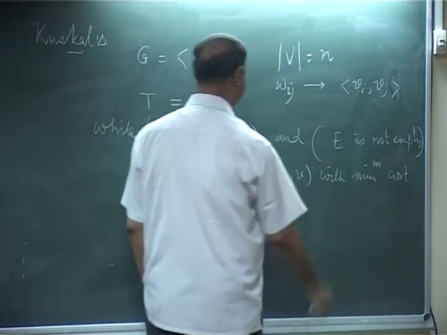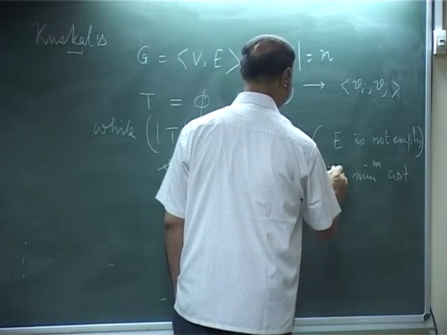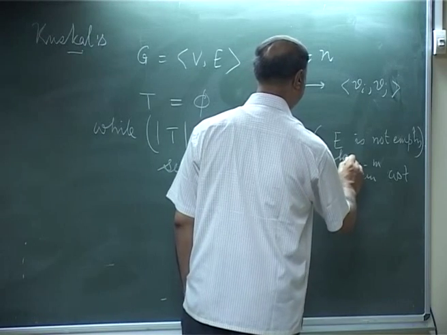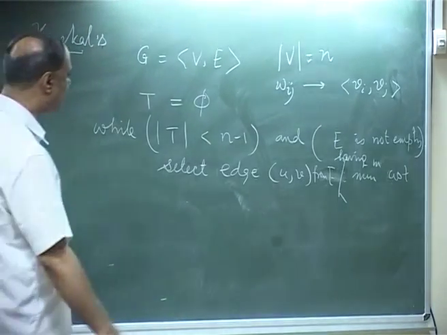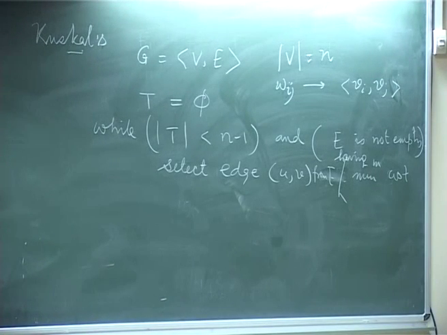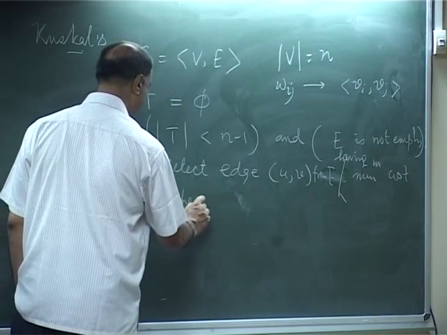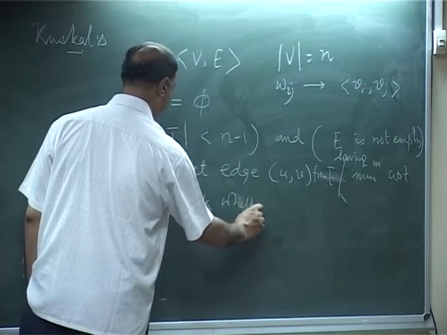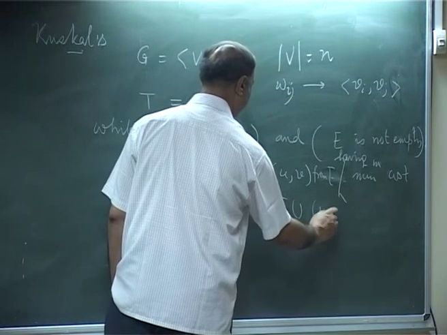Okay. You select an edge from E having the minimum cost. Now after selecting this UV, you have to see, can I put it in my tree T? What it means is that if I put it in my tree T, it should not create a cycle. Okay, that is the thing you have to see. So check whether T union UV creates a cycle.